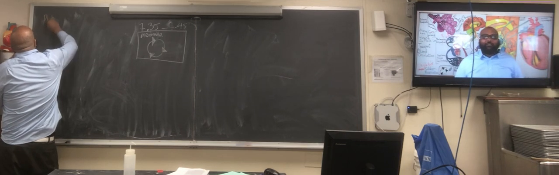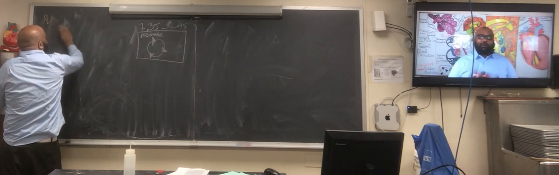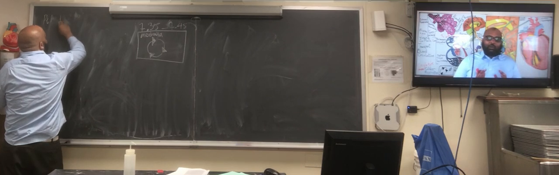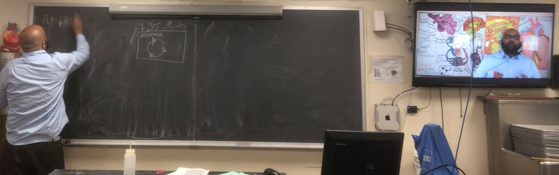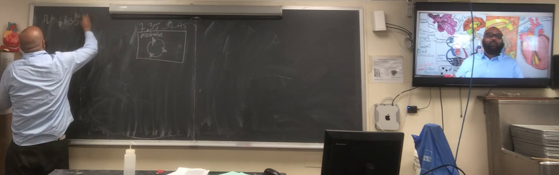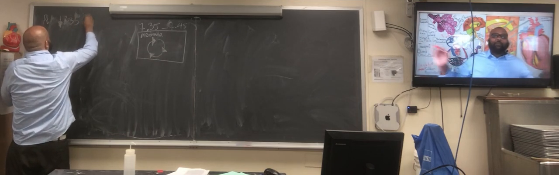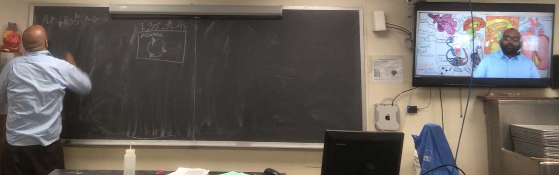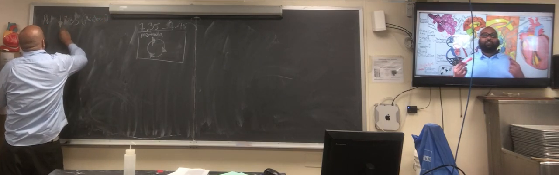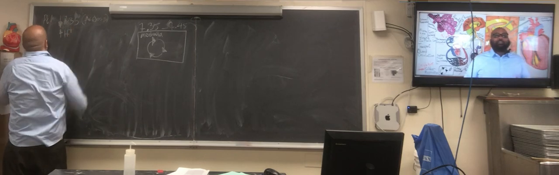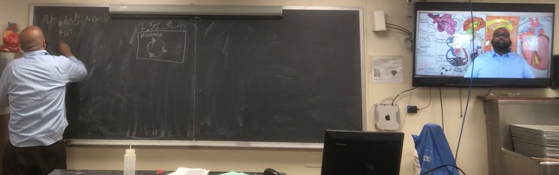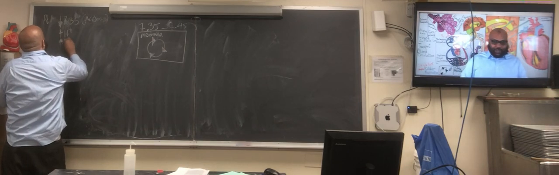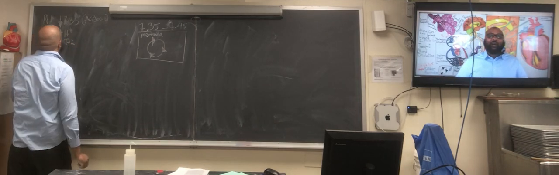Patient number one has blood pH that is below 7.35. That represents what? That represents acidosis. That also represents high hydrogen proton concentration. That also represents for me high carbon dioxide concentration.